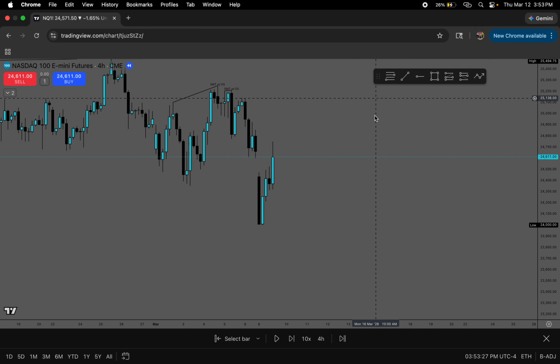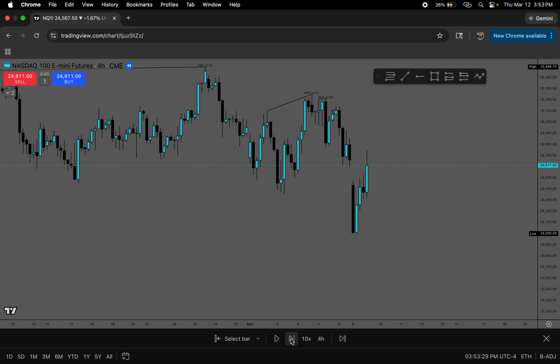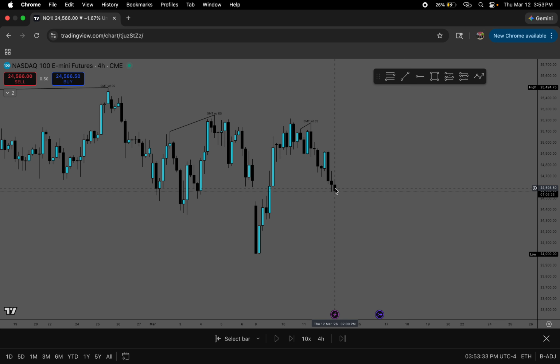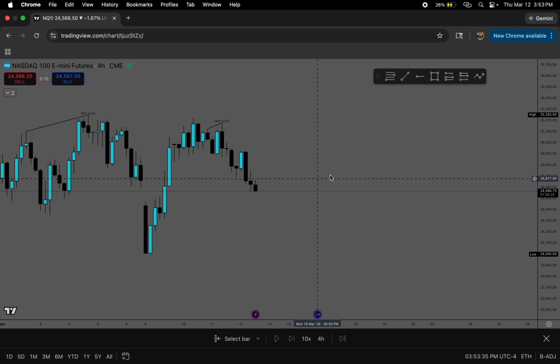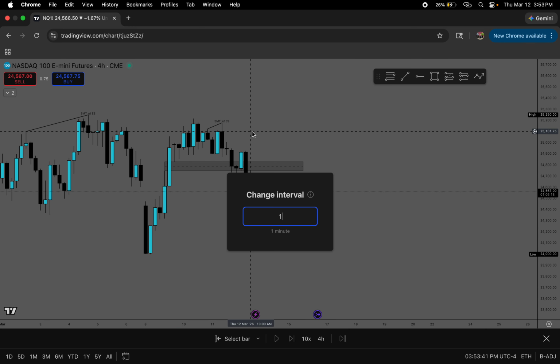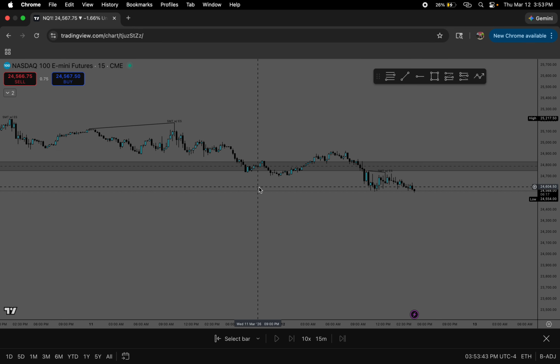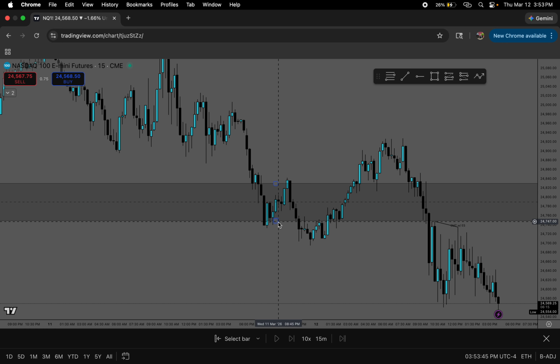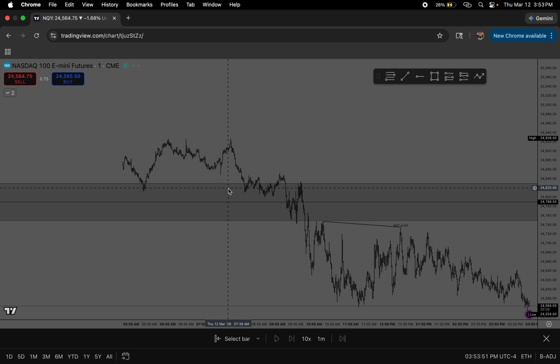Let's just go with 4 hour again. 4 hour yesterday. 15 minute is in alignment with the 4 hour. 1 minute is in alignment with the 15 minute.